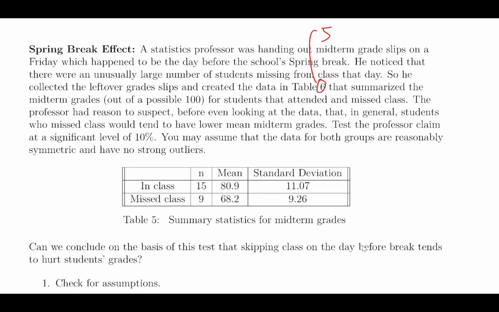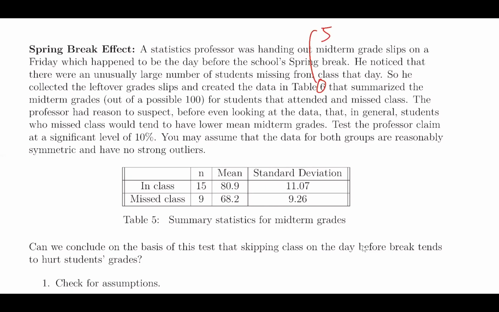The professor had reason to suspect, even before looking at the data, that in general students who miss class would tend to have a lower mean midterm grade. Test the professor's claim at a significance level of 10%. You may assume that the data for both groups are reasonably symmetric and have no strong outliers.